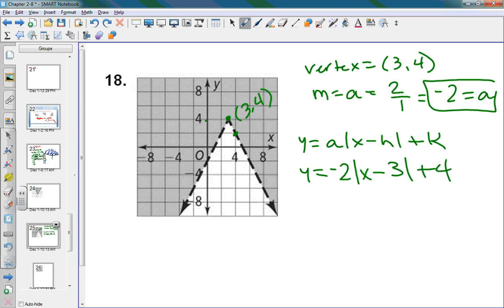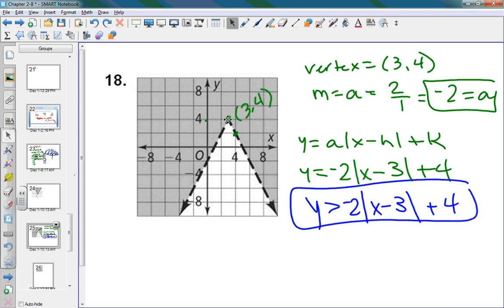Now is the line solid or dotted? Is the shading above or below? So what is that going to be? Y is strictly greater than negative 2 times the absolute value of x minus 3 plus 4. Okay, you guys are on your own the rest of the period.